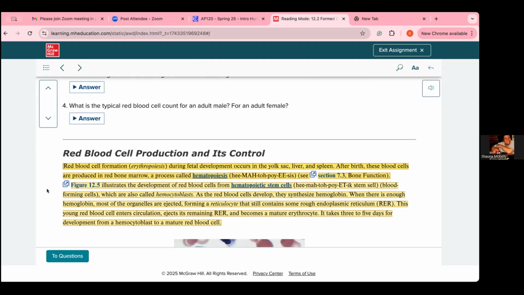But that's okay. So we're on the right track, but we need to know what kind of feedback mechanism it is.